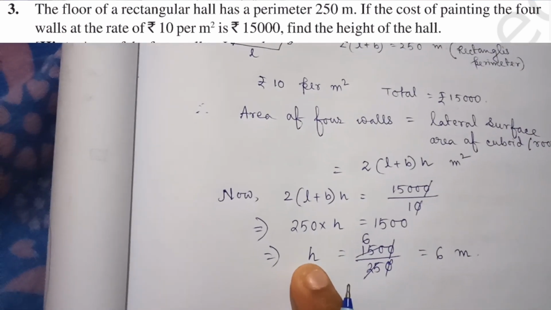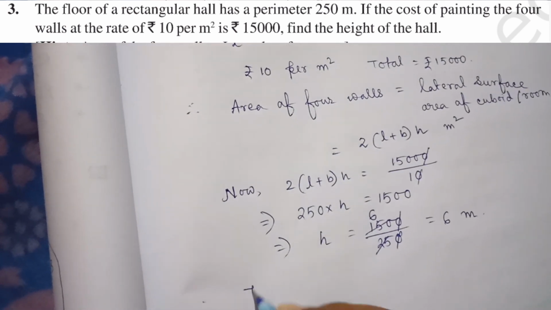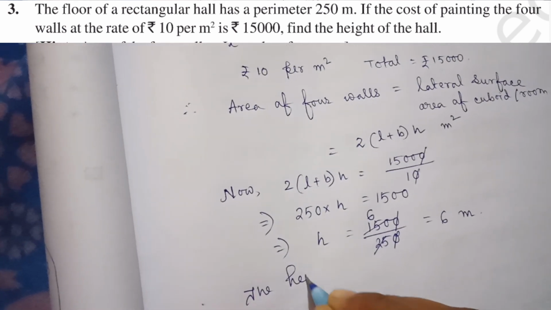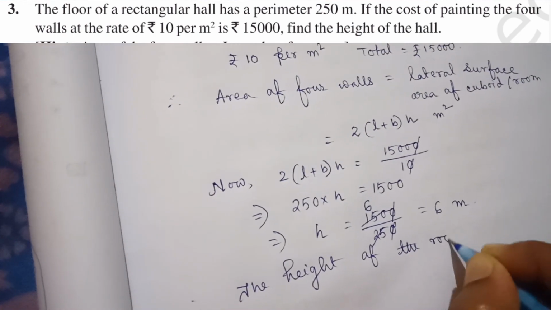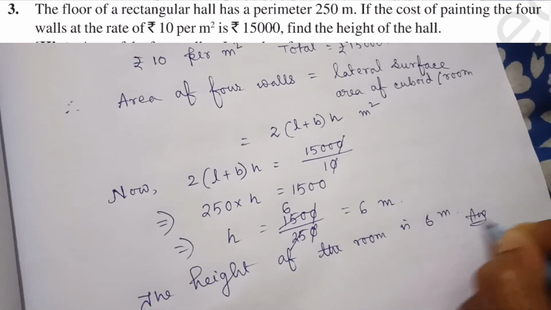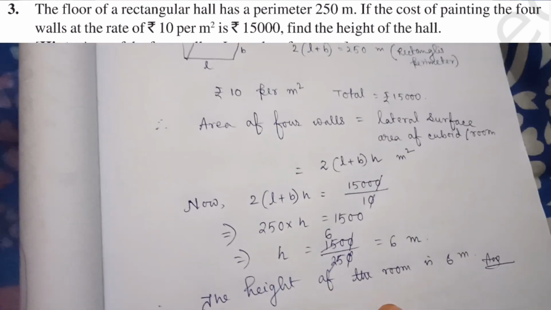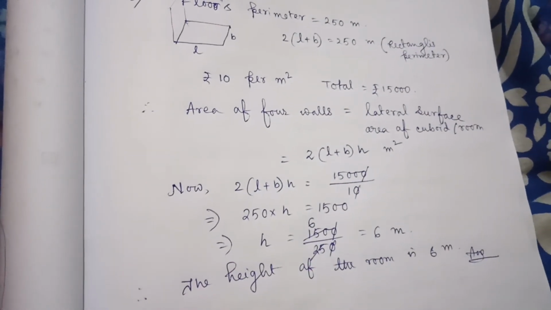Now H is the height we have taken, therefore the height of the room is 6 meter, and that's the answer. Okay, so this is the process. Hope you all have got it.